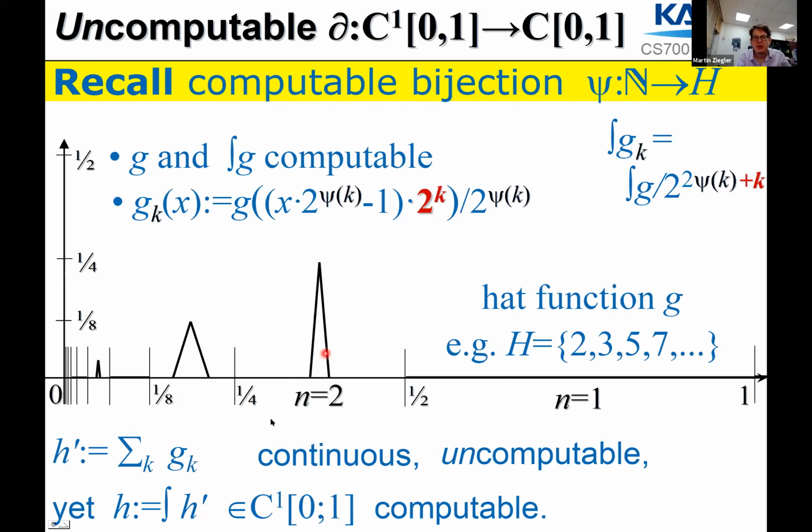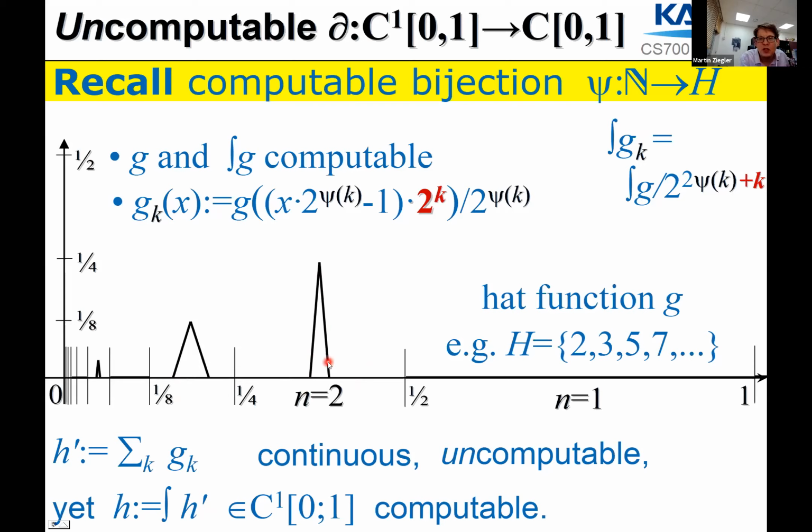Let us observe why it is true that this Riemann integral of this function is computable. And the reason is that we've made these heads thinner, and therefore they contribute much less to the overall integral. We've scaled their contribution to the integral with 2 to the minus k, if k is very large.